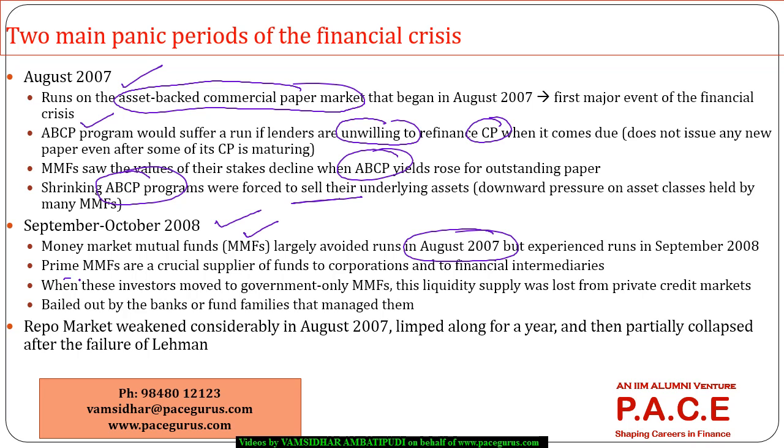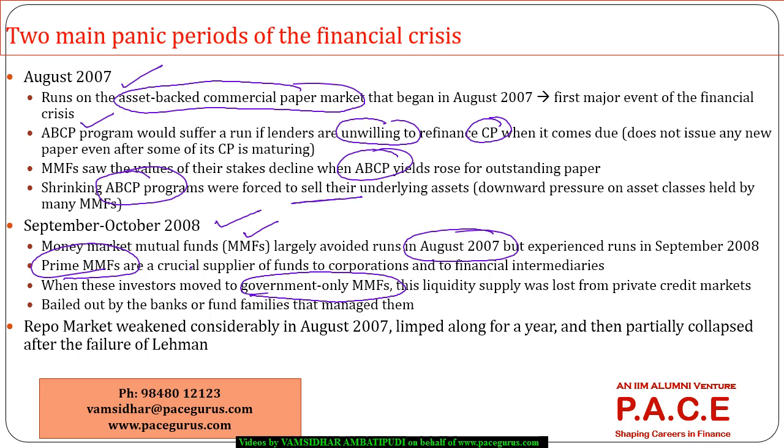The prime money market funds are the crucial suppliers of funds to the corporations and financial intermediaries that you are already aware of. But there was a big move from the various private funds, a move of the investors to government-only money market mutual funds.